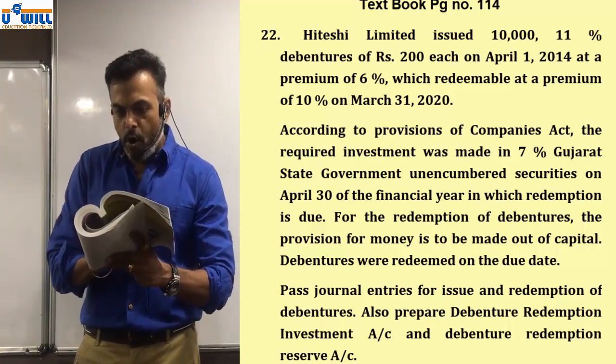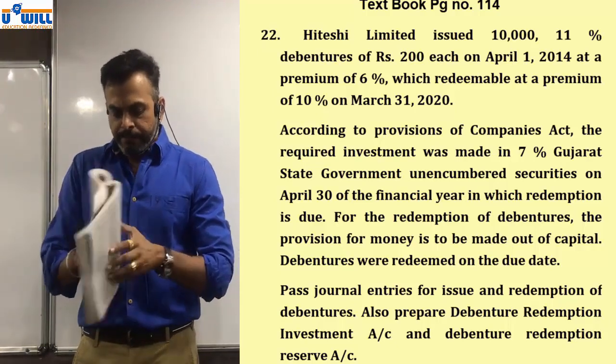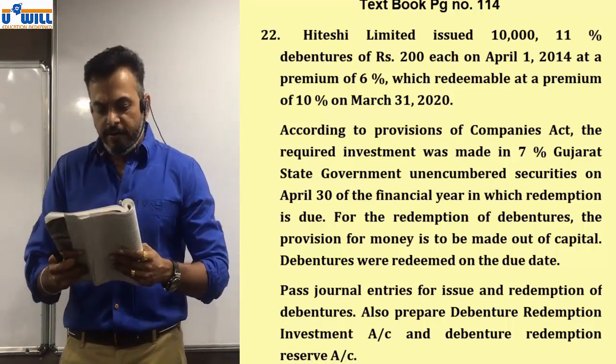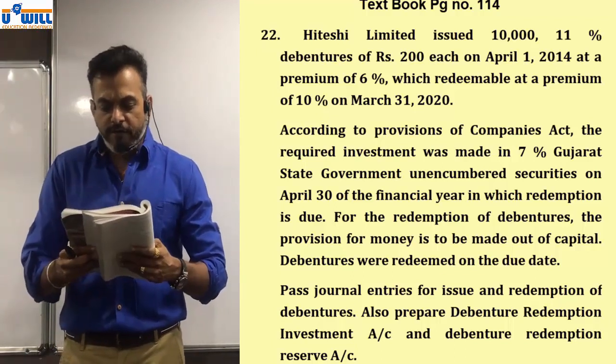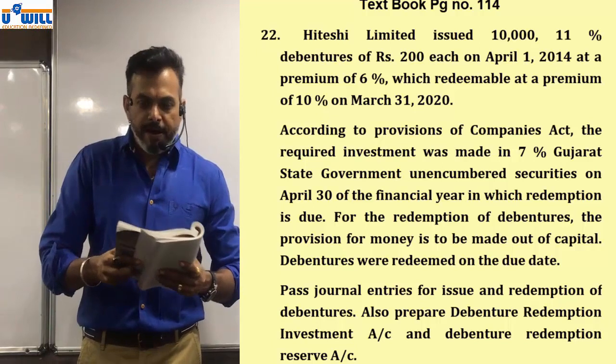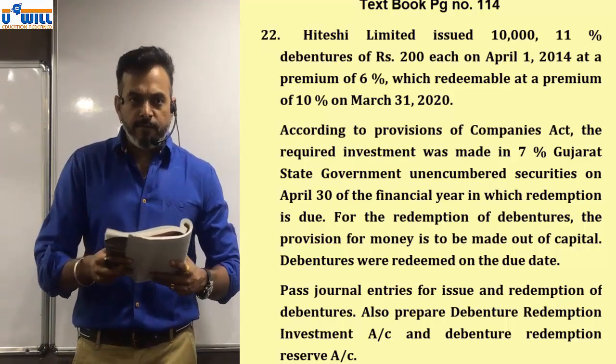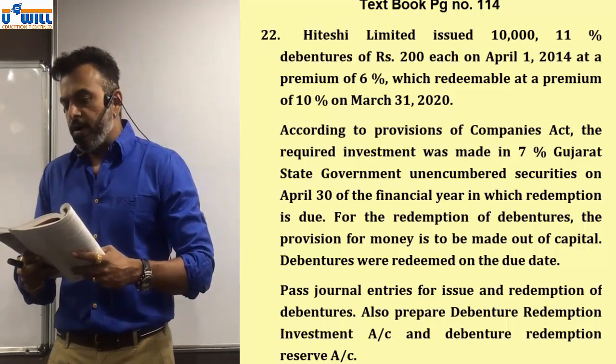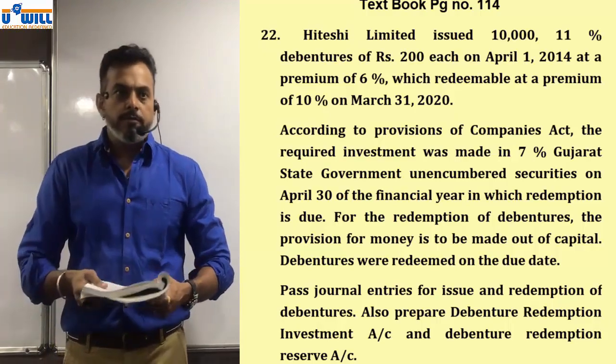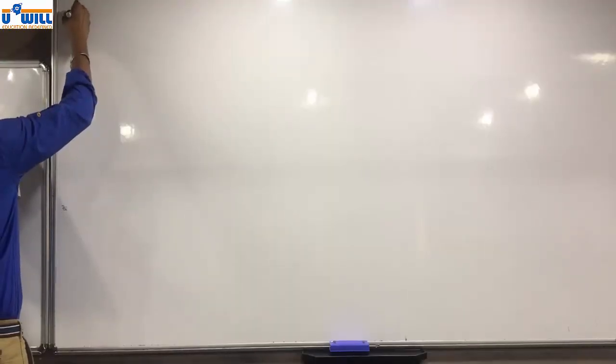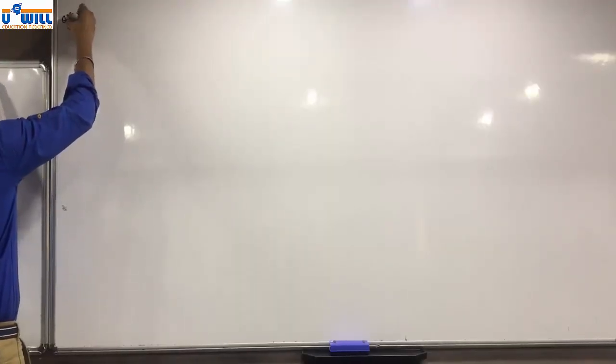Debentures were redeemed on due date. Pass journal entries for issue and redemption of debenture and also prepare debenture redemption investment account and debenture redemption reserve account. Question 22, page 114.